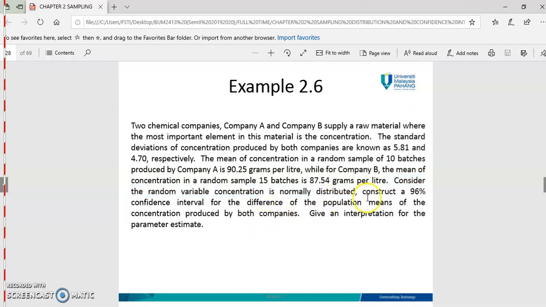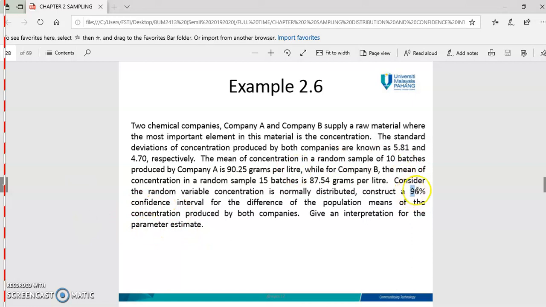Okay, so construct a 96% confidence interval for the difference of the population means of the concentration produced by both companies. Give an interpretation of the parameter estimate. Okay.